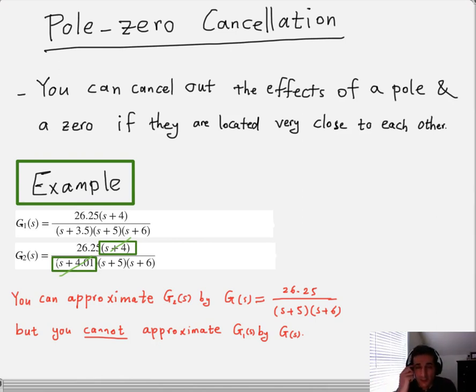Then if the location of that third pole compared to the complex conjugate poles is too far, meaning the complex conjugate poles are dominant compared to that third pole, you can easily approximate that system by a second order system. I'm going to give a couple of in-class exercise problems to demonstrate that.